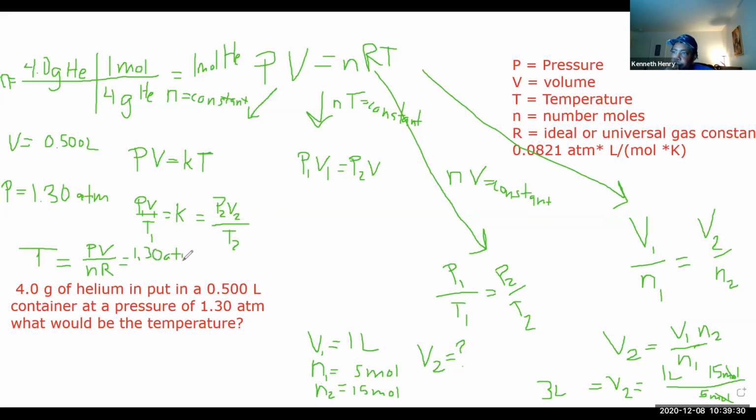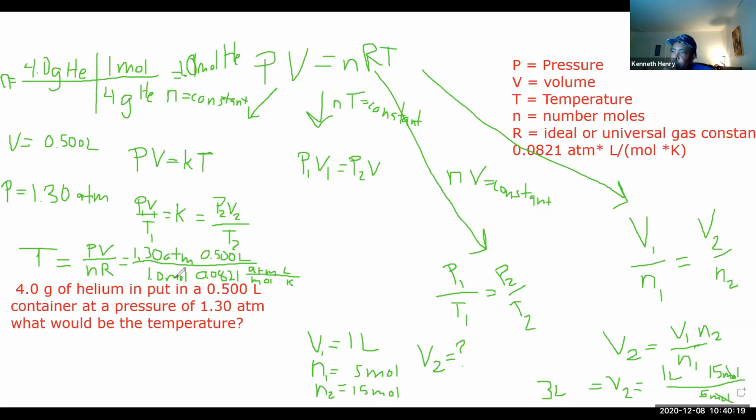So then we have 1.30 atm times 0.50 liters divided by 1.0 mole times 0.0821 ATM liters over mole Kelvin.